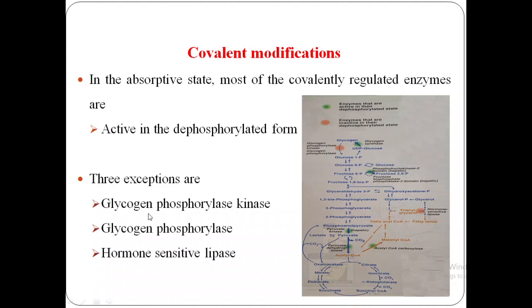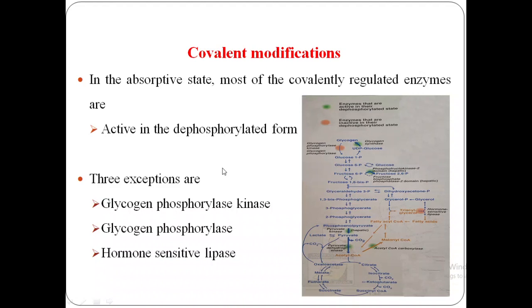Activity of many enzymes is regulated by the addition or removal of phosphate groups to serine, threonine, or tyrosine residues of the protein. In the absorptive state, most of the covalently regulated enzymes are active in the dephosphorylated form, which is shown in green.